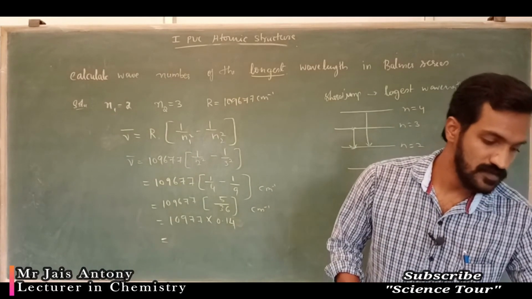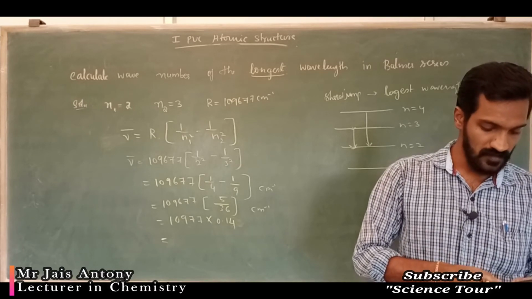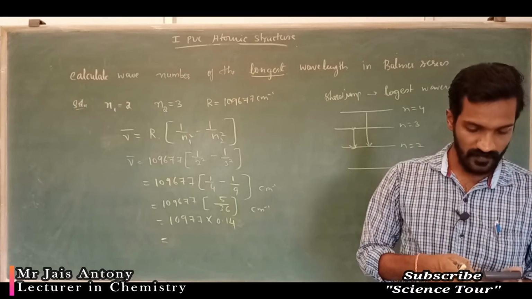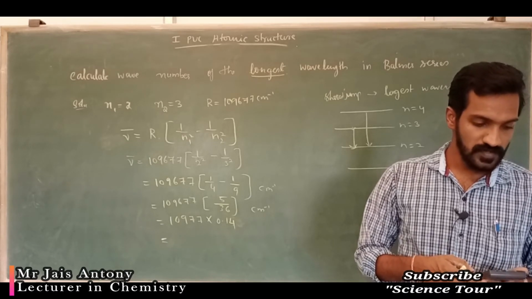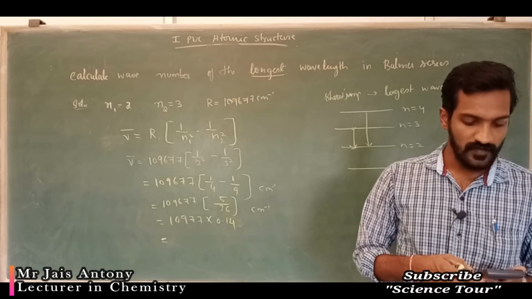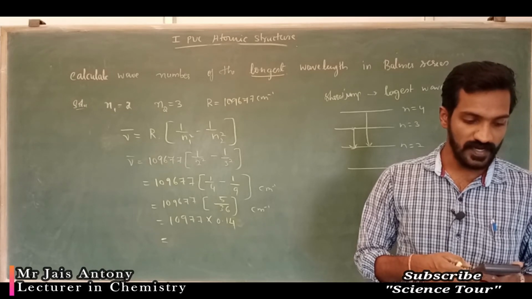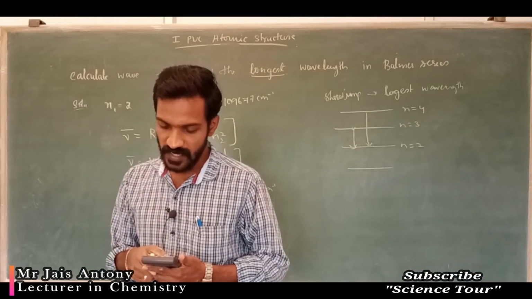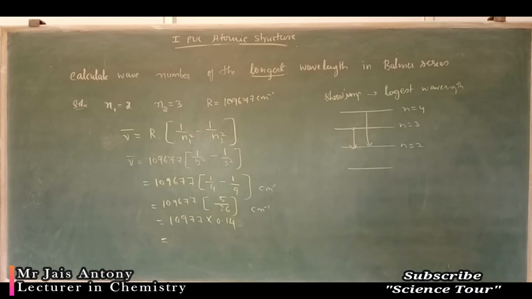Calculate 109677 into 0.14. So you are getting the answer 15354.78.